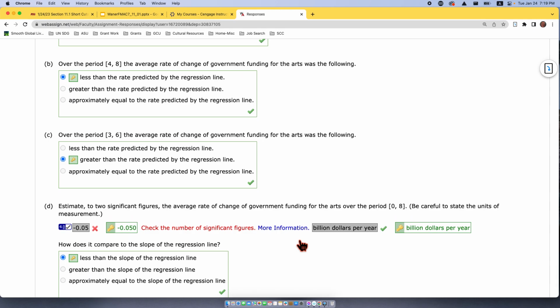See, yeah, the answer they give is negative 0.050. That's three. See, the zero in the front doesn't count as a significant figure, so the 5 needs a 0 behind it. What? But it's a business class. We don't do that; like I said, significant figures is done over in chemistry.